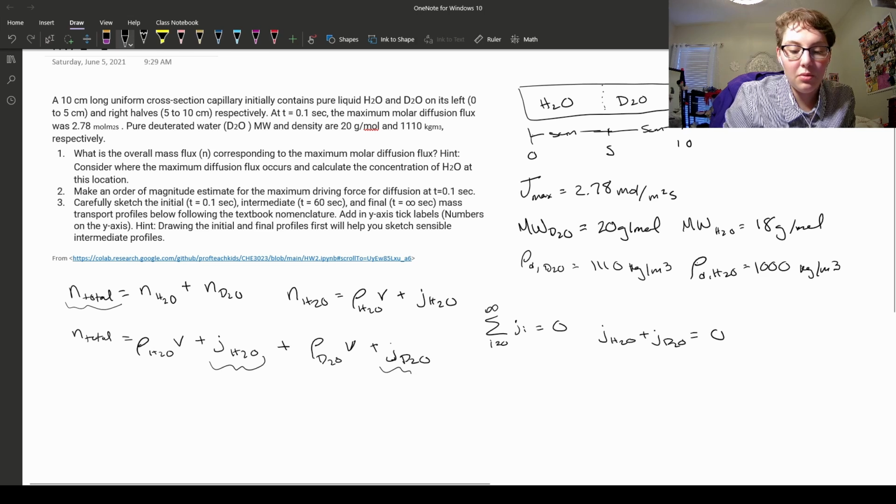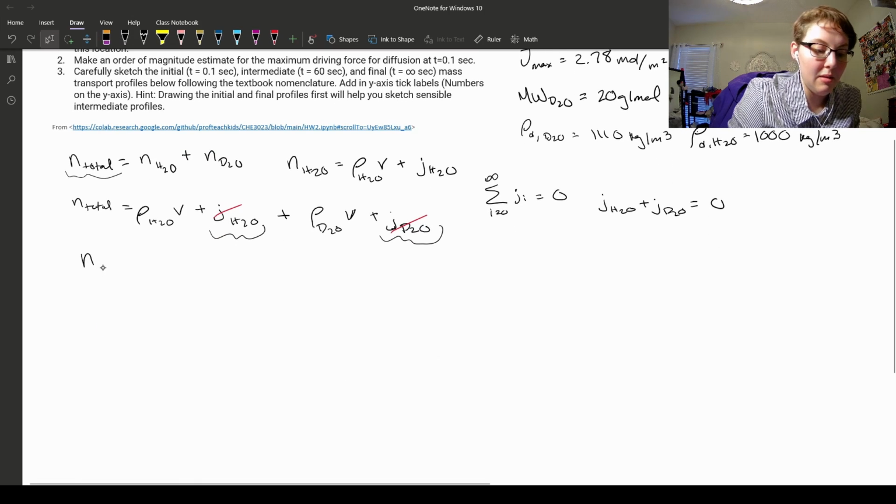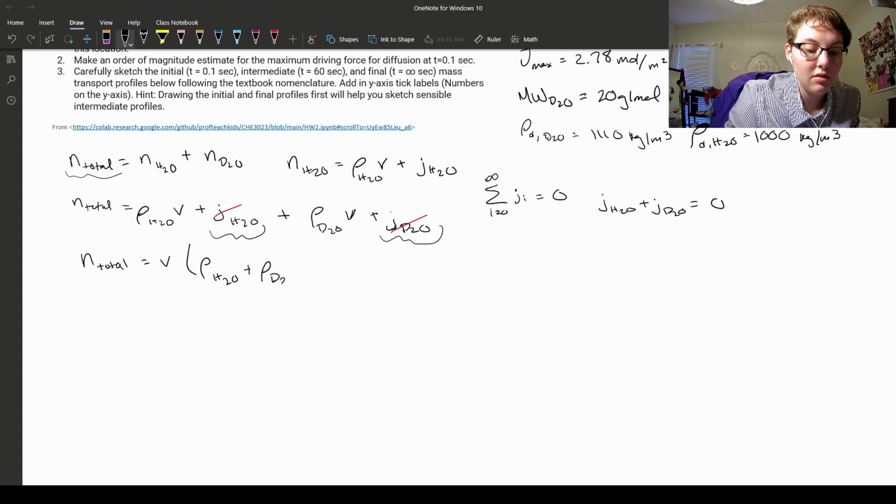Since we have those both in this equation, we can cancel those out initially. Then we'll just rearrange the equation really quick to give us a better starting point. The total mass flux is equal to the mass velocity times the sum of the mass concentration of H2O and the mass concentration of D2O.